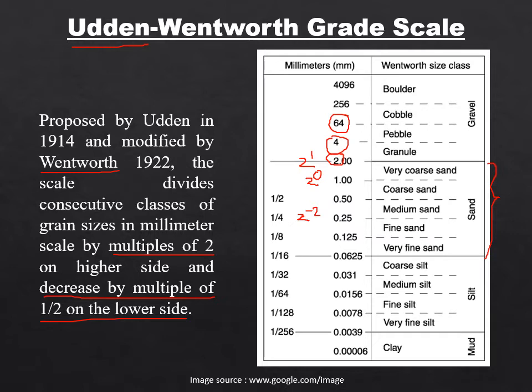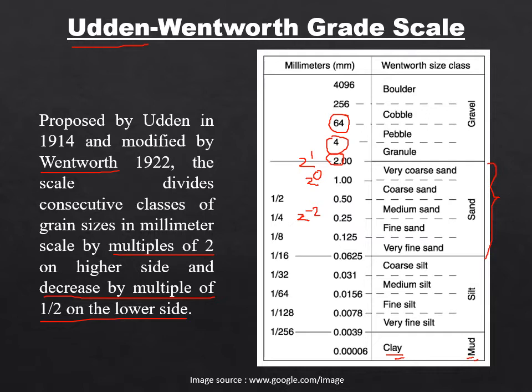Similarly, for the silt size class, the range is 0.0625 millimeter to 0.0039 millimeter, or 1 by 256 millimeter. Below this size, all the grains are known as clay, or mud.